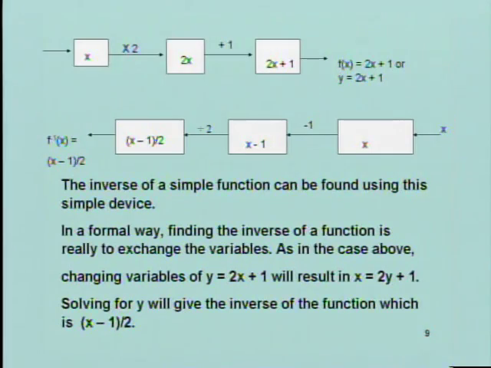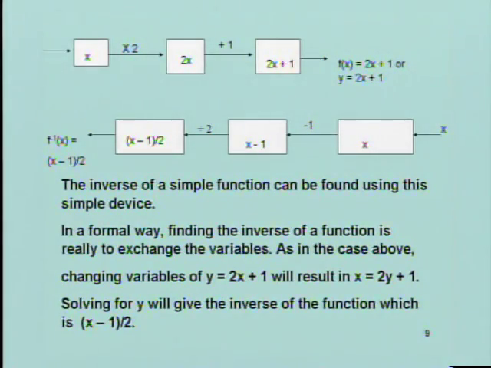If we reverse that process, have the arrows turn the other way around, the opposite or the inverse of adding 1 is subtracting 1. The inverse of multiplying by 2 is to divide by 2.